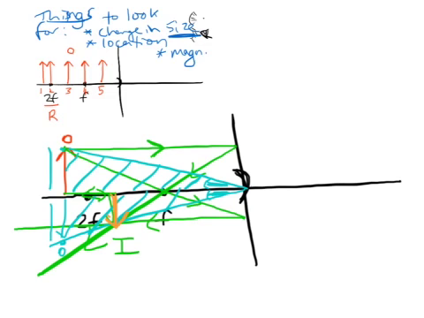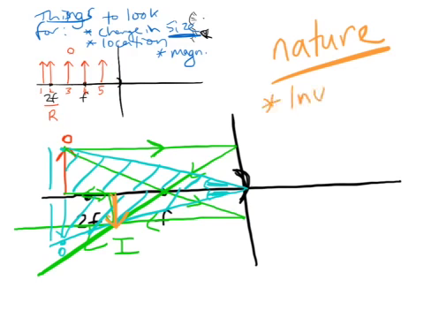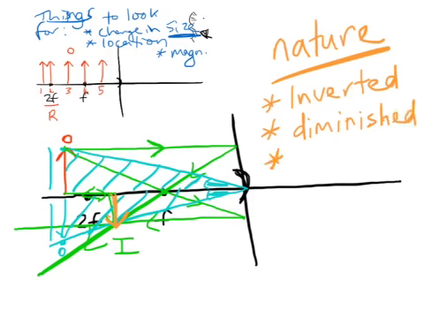The nature of that image, because remember we have to consider the nature, first thing that's obvious is it's upside down, which means it's inverted. The second really crucial thing is that it's smaller than the original, which means it's diminished. And the final thing we have to consider is whether it's real or virtual.